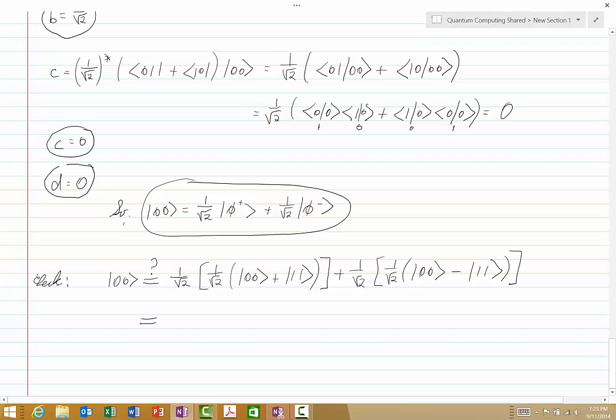So does this work? Well, we have 1 over square root of 2 times 1 over square root of 2. So 1/2 times 0, 0 plus 1, 1 plus 1/2 times 0, 0 minus 1, 1.